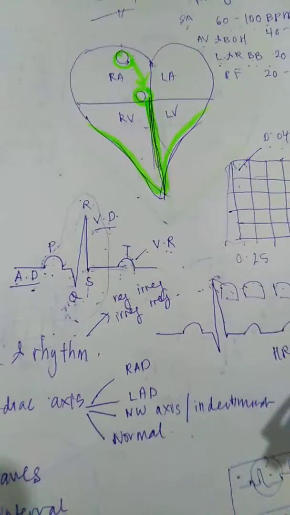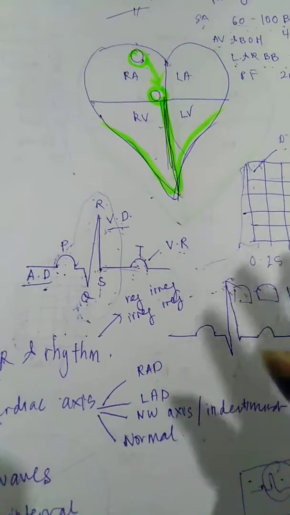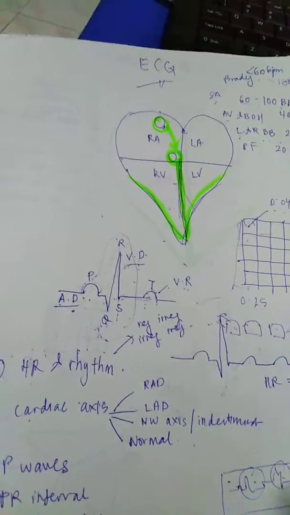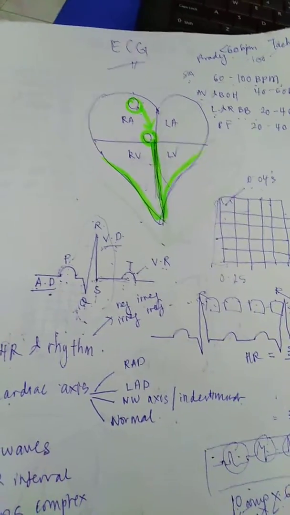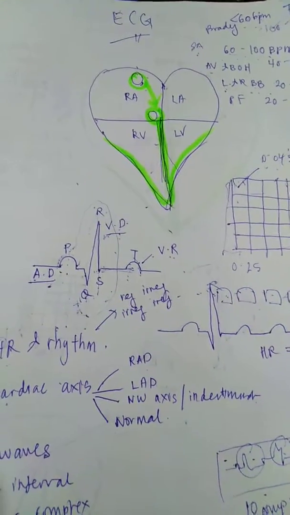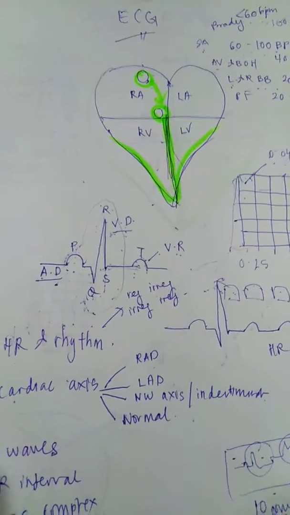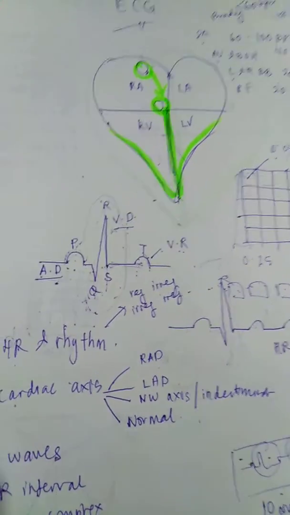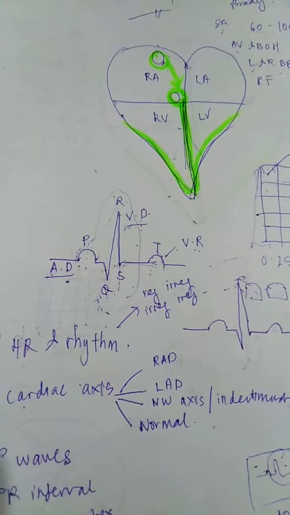They are totally different. As I told you, you've got a regular rhythm, and how do you know if it's regular? By checking the R to R interval. If you have an irregular rhythm, then the R to R interval is not the same throughout the entire 10-second strip, or probably the entire strip as well.